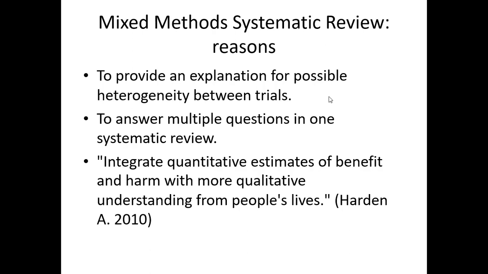So sometimes you can get the evidence, these are the figures that we get through quantitative studies, but you need some explanation. You want to understand why we have this result. So you need to use a study that combines quantitative and qualitative data.